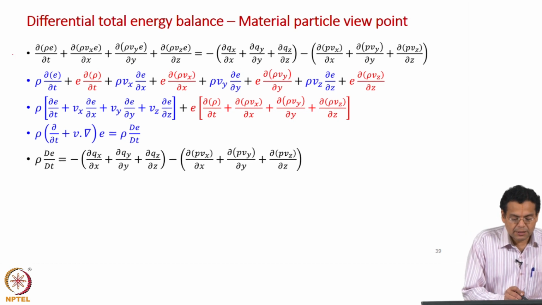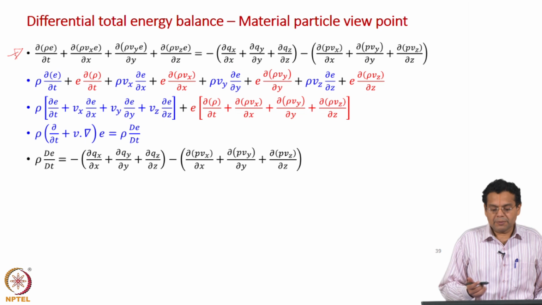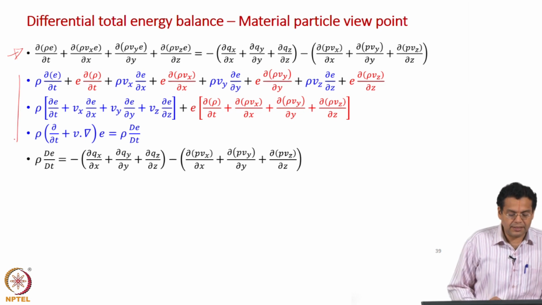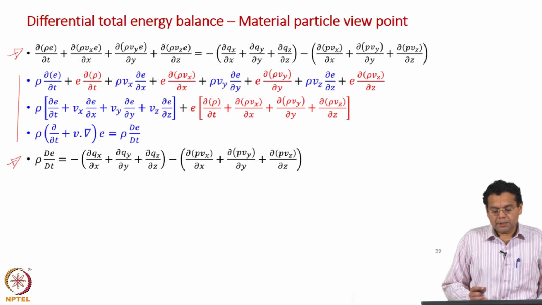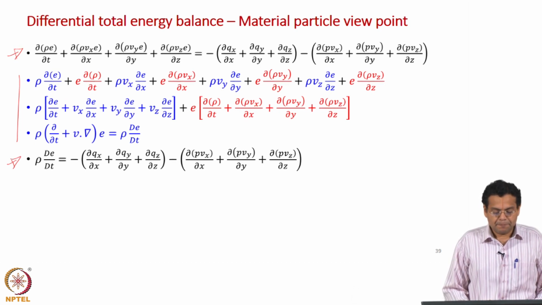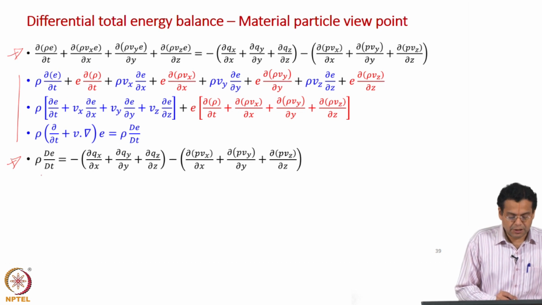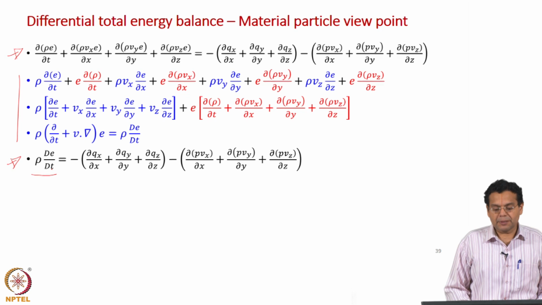What we did was derive the differential energy balance from a control volume or Eulerian point of view, and we did these steps. We then expressed the same equation from a particle viewpoint, and the left hand side was in terms of the substantial derivative of the total energy per unit mass.